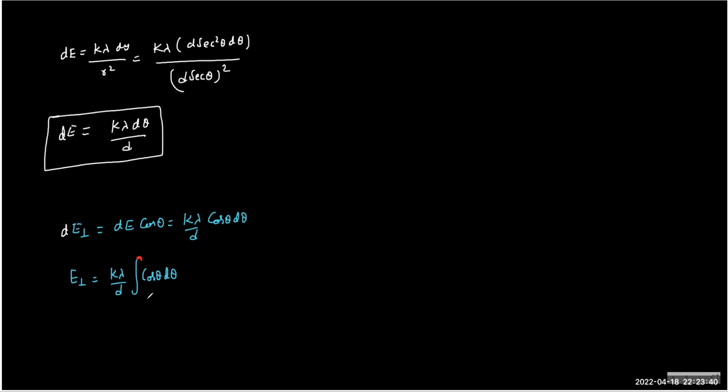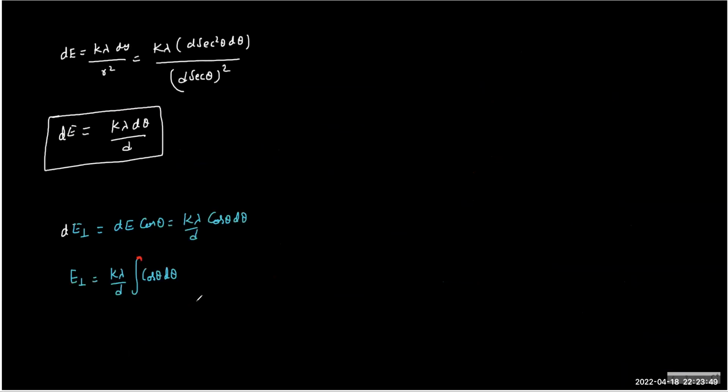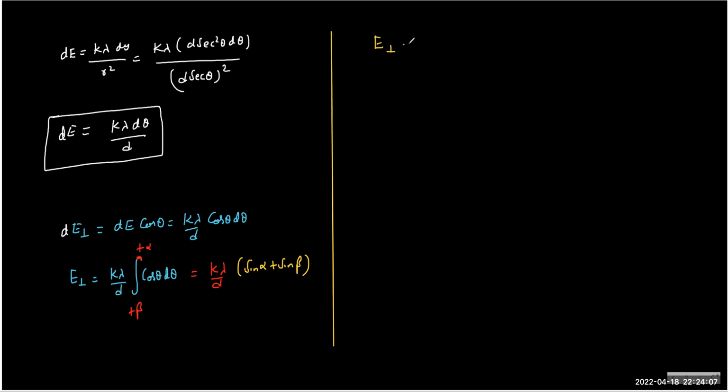Now the question is how to put the limits. So now we come back to the formula and this diagram. Minus beta to plus theta. Very good. Minus beta to plus alpha. Sorry, plus alpha. Yes. And now this will give you a very simple and nice answer: sin alpha plus sin beta, eventually. Yes, sir. So you wrote plus beta there, sir.